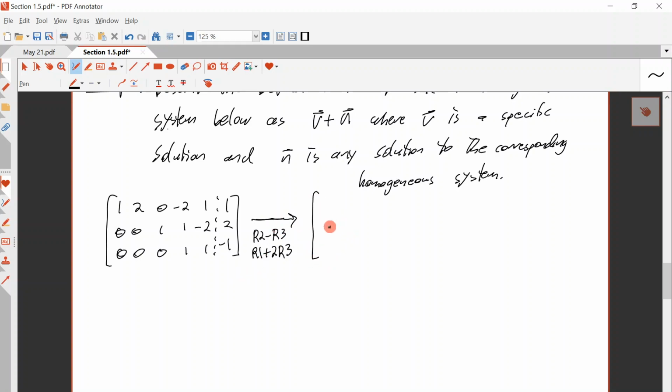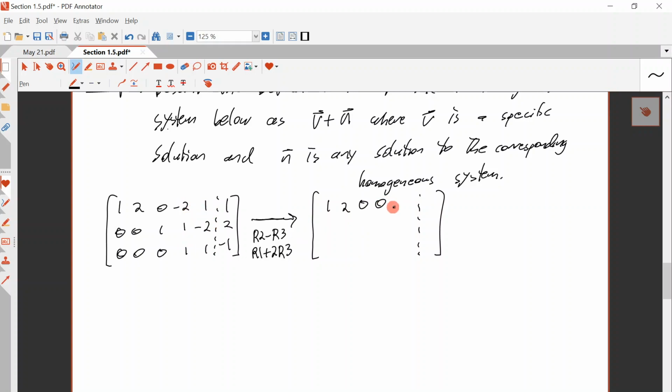So what do we have here? We've got 1, 2, 0. And now I'm going to subtract this from here. Minus 3, 0. Add this to here, 2. Right? Add it twice. 1, 2, 0, 0.